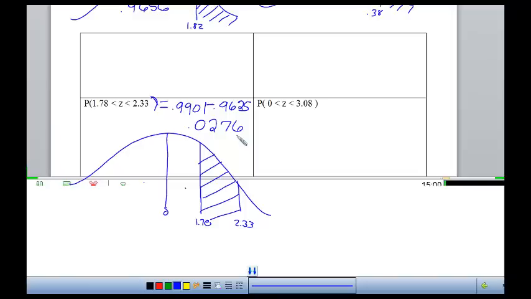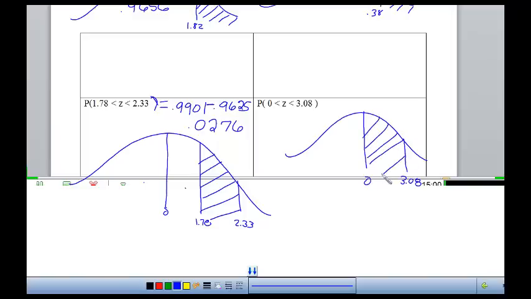All right. The next one is pretty much the same, except I really don't have to look up two values because I already know the area to the left of 0 should be 0.5, just 1/2. So the only thing I really need to look up is 3.08. I don't want all of it to the left. I just want what's between it and 0.